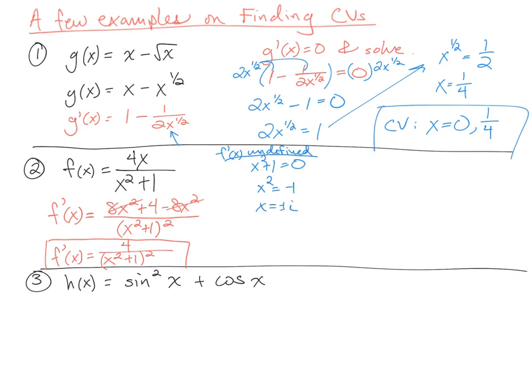I got some imaginary numbers here. And when you get imaginary numbers while trying to find where f prime of x is undefined, we don't include those in our answers. So when we say f prime of x is undefined, that's nowhere, which is equivalent to saying f prime of x is continuous.